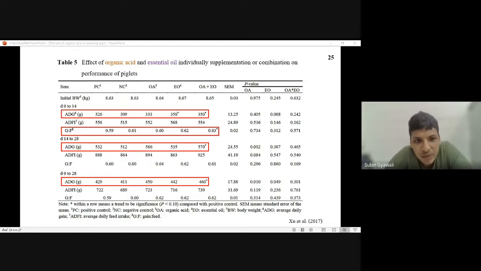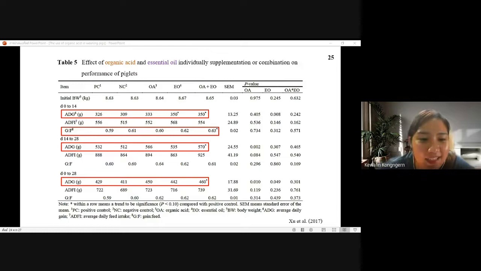In the first week, essential oil is significantly higher, but from 14 to 28 days the organic acid significantly increases while essential oil decreases. So how do you see these kinds of things? Yes, I understand your question.